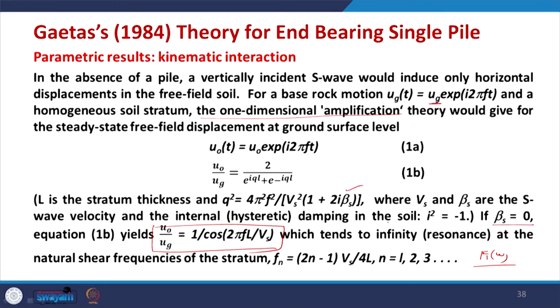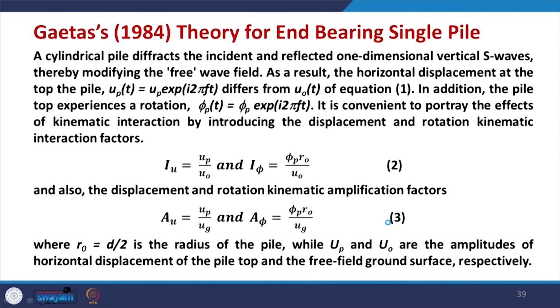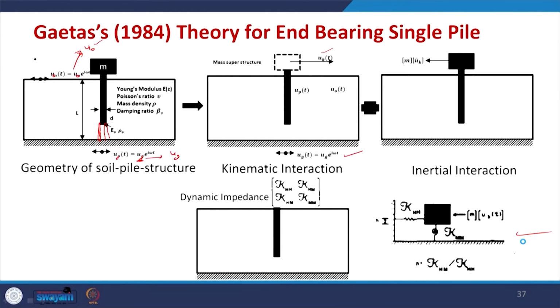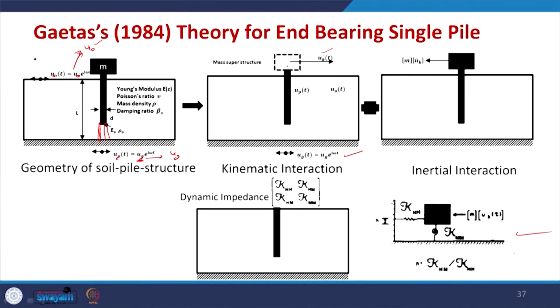Now, what happens if you consider a pile in this free field response? When you consider a pile, the free field response will convert to what is called the kinematic response, and it will be different from the free field response. When you insert the pile inside the system, at the same point where you were getting the free field response, at the pile head you will get translation as well as rotation.